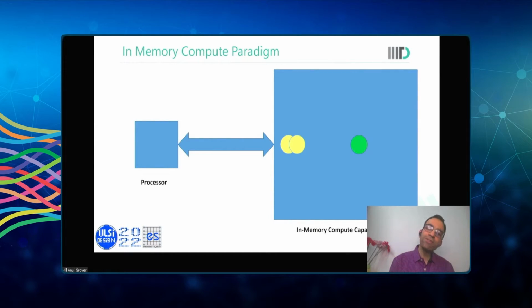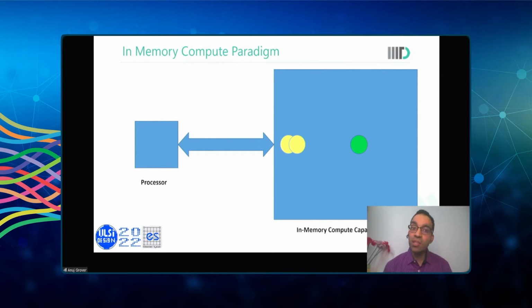The kind of interaction required through this bus reduces so significantly. So now your entire throughput improves. The power that you would have wasted in transmitting data to and fro from the memory to the processor is saved, and you have a much more efficient memory system.